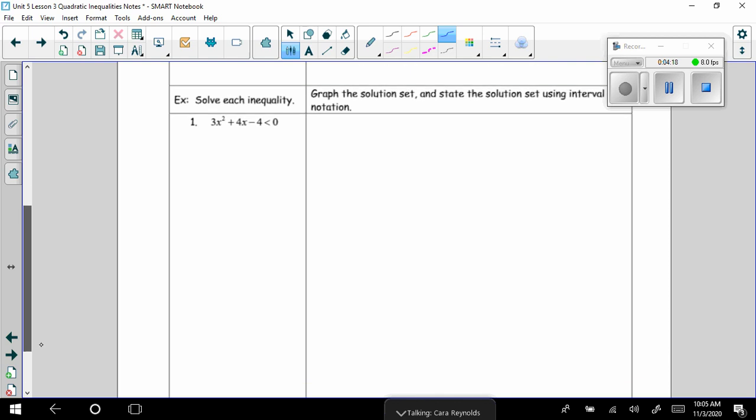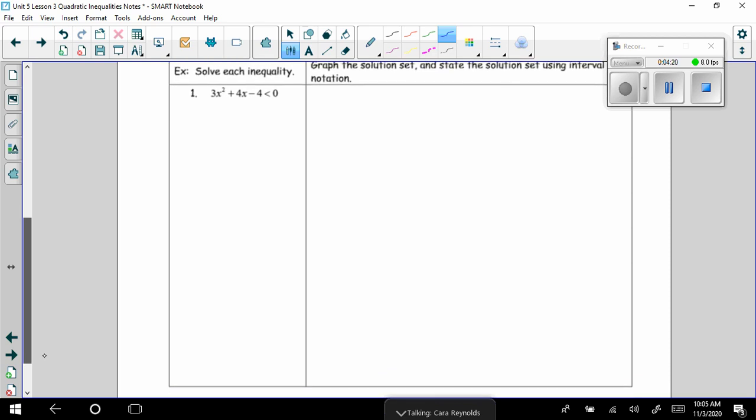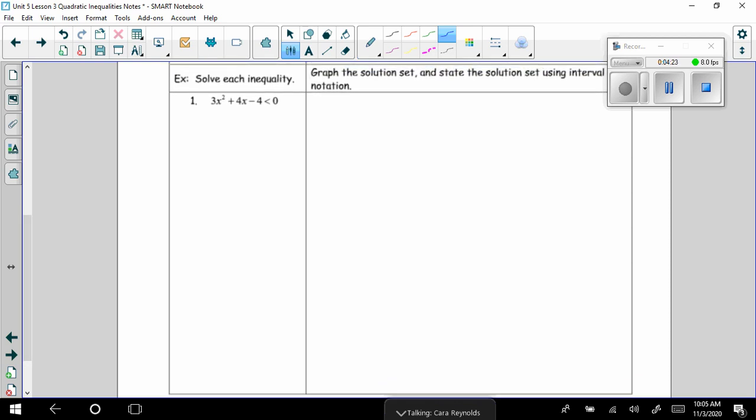Okay, so using the 3x squared plus 4x minus 4, which was one of the examples we did with just a regular quadratic, we want to graph the solution set and state the solution using interval notation. So the first thing we need to do is factor this if possible, or use the quadratic formula or something to find our x-intercepts.